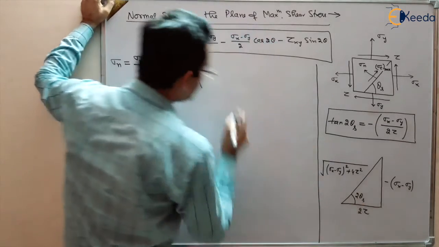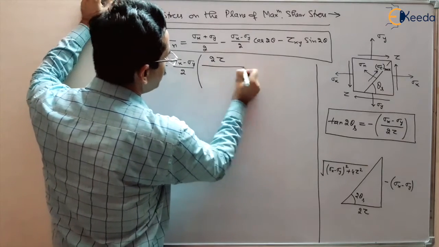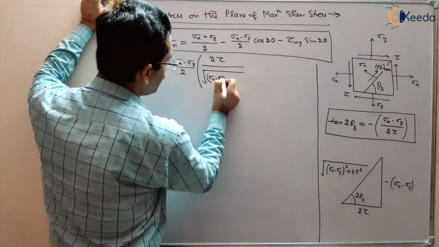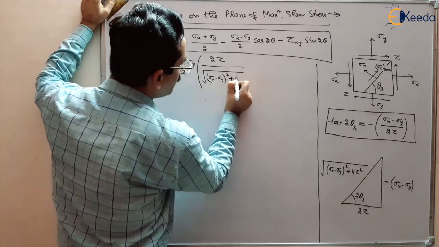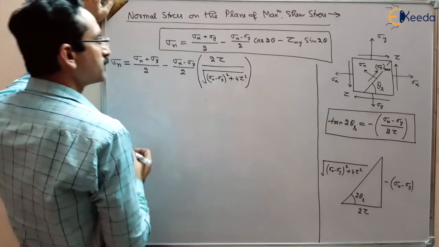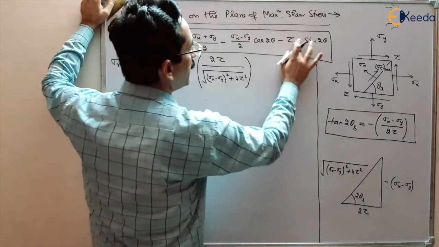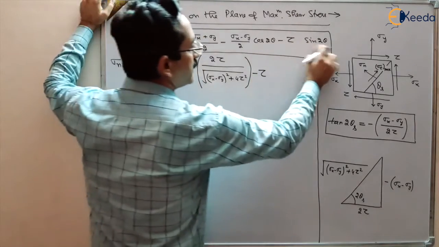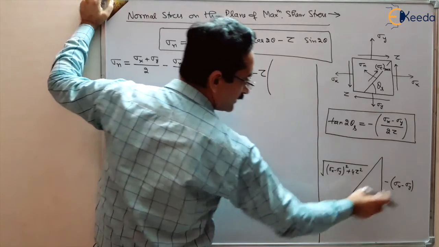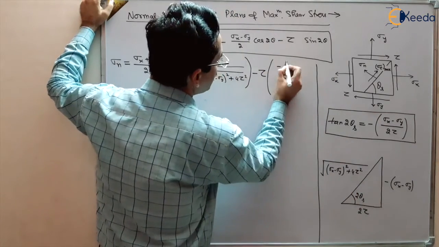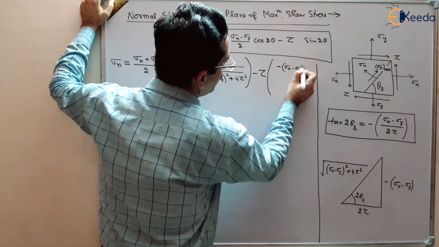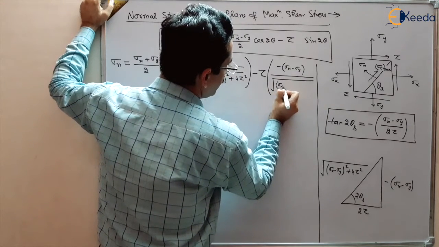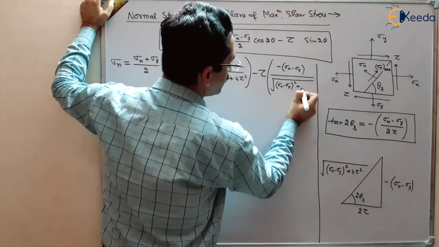Base upon hypotenuse: 2 tau upon the root of sigma x minus sigma y whole square plus 4 tau square, minus tau sin 2 theta. What is sin 2 theta? Sin is this upon this: sigma x minus sigma y by under the root sigma x minus sigma y whole square plus 4 tau square.